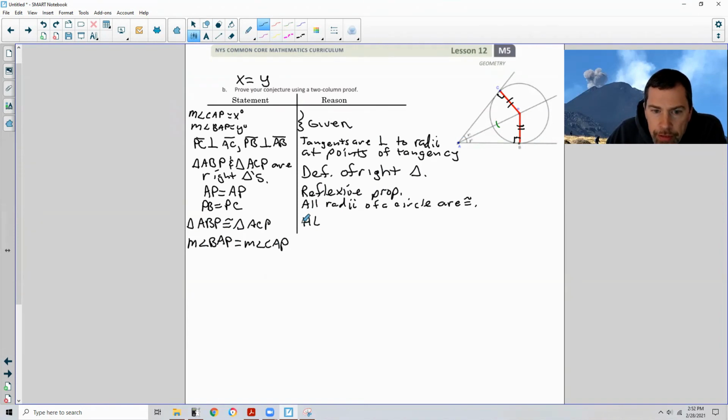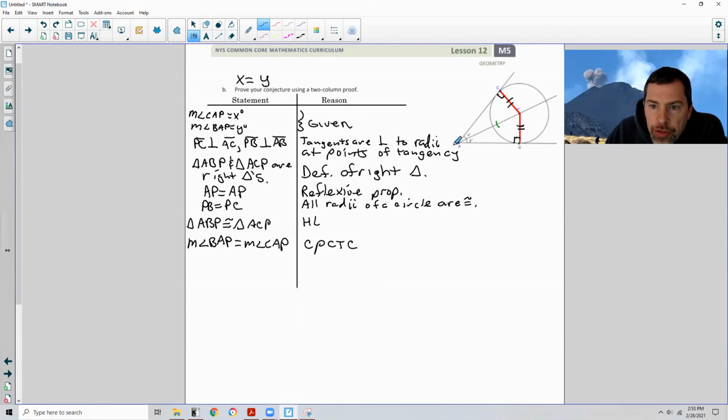And the reason is corresponding parts of congruent triangles are congruent.